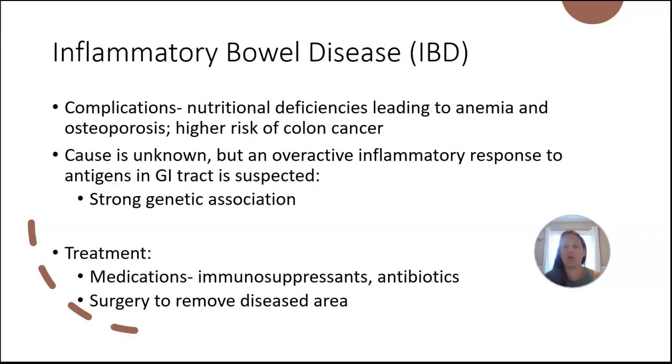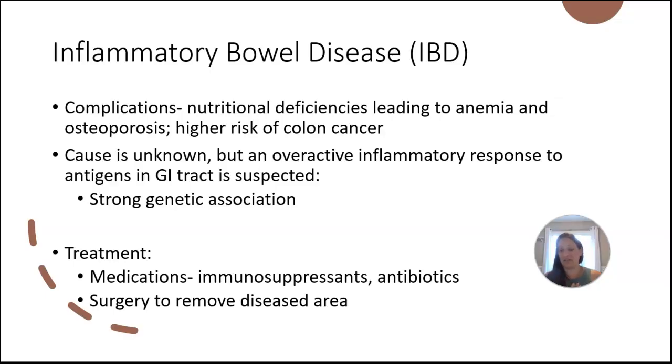But we think that an overactive inflammatory response to antigens in the GI tract is the probable cause, which is the probable cause of celiac as well. And there's probably a strong genetic association as well. Treatment: medications, including immunosuppressants.